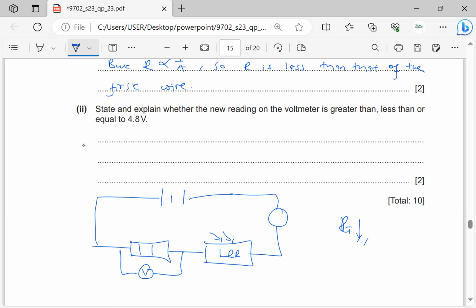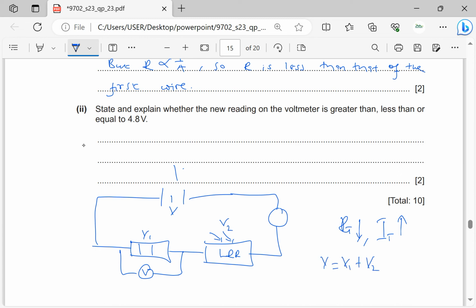And if total resistance is low, it means total current is going to increase. So if total current increases, yet the resistance here is smaller, the EMF, the value here V should be equal to V1 plus V2. So V is going to be V1 plus V2.